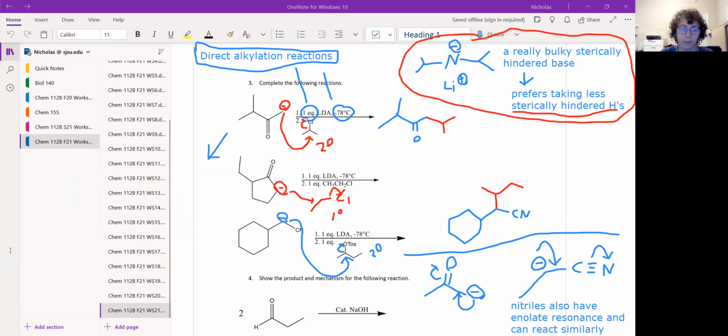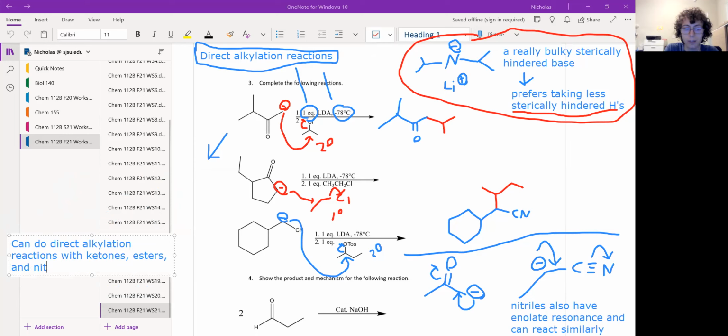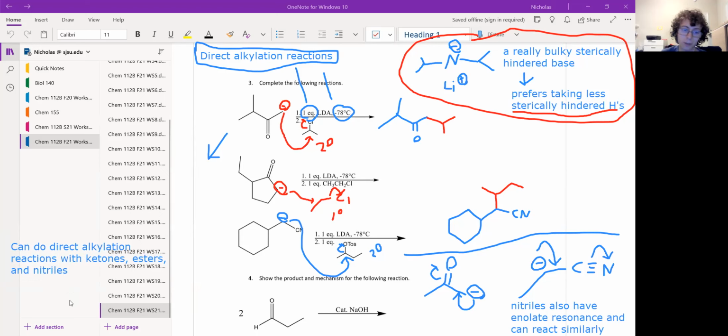Just as a general note, you can do direct alkylation reactions with ketones, esters, and nitriles. Those were the functional groups that were discussed specifically in lecture, and I think in the book too. So I believe these are the only ones you have to worry about: esters, ketones, and nitriles for this kind of reaction.